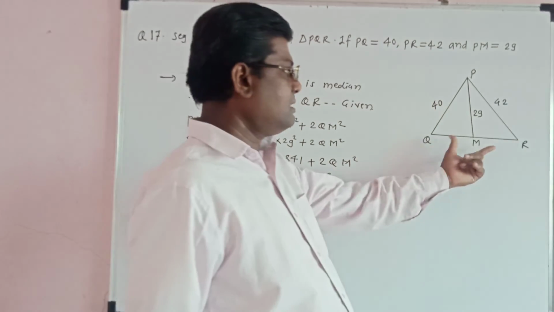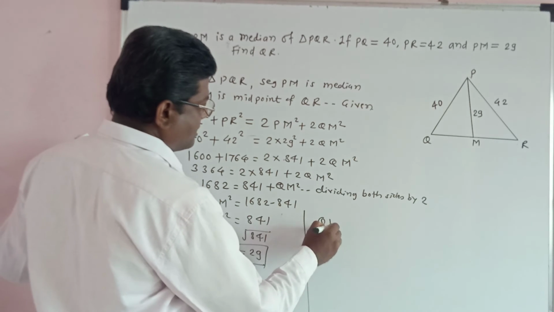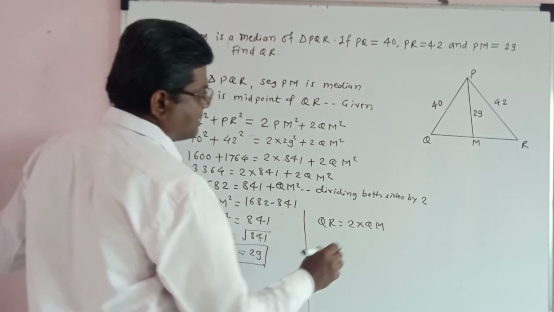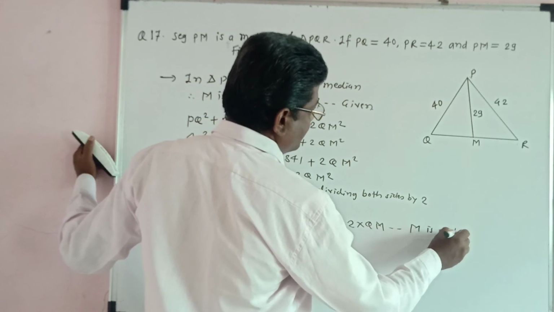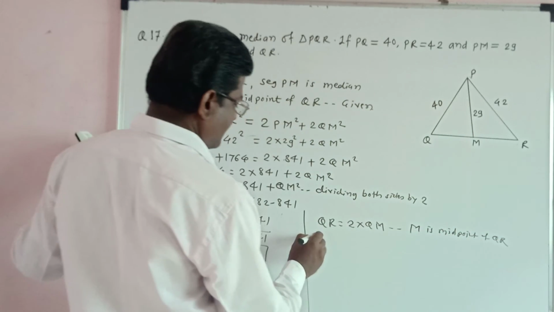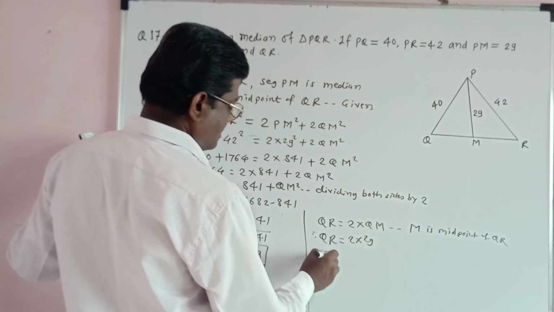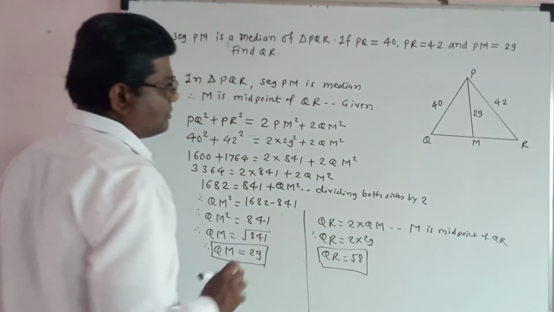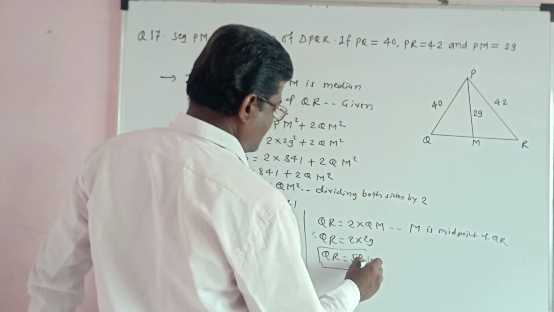We have to find QR. Now QR is equal to 2 into QM. The reason is M is the midpoint of QR. Therefore QR is equal to 2 into 29. QR is equal to 58. We get QR is equal to 58 units.